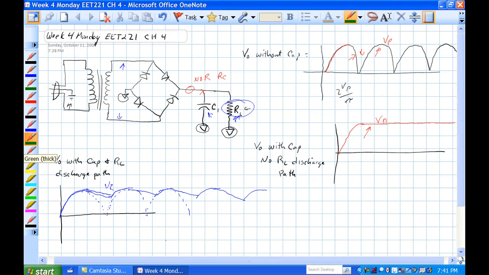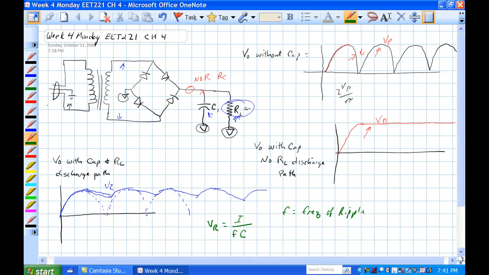This ripple is calculated by the formula VR is equal to current over F times C. And F is equal to the frequency of the ripple.